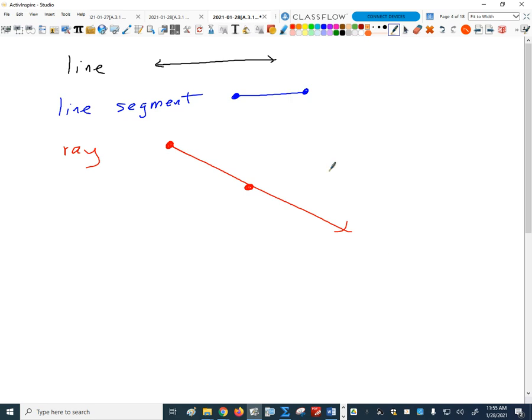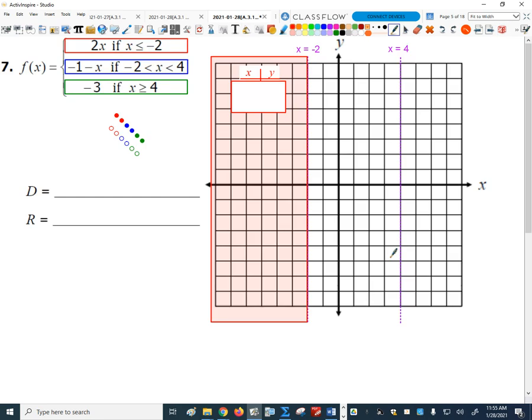Now, which one of those three things is going to happen in the red region? If I graph the function 2x, which is the equation of a line, but I'm graphing that line in the red region, what's that going to give me? Once again, type it in chat. I'm only hearing from one person.